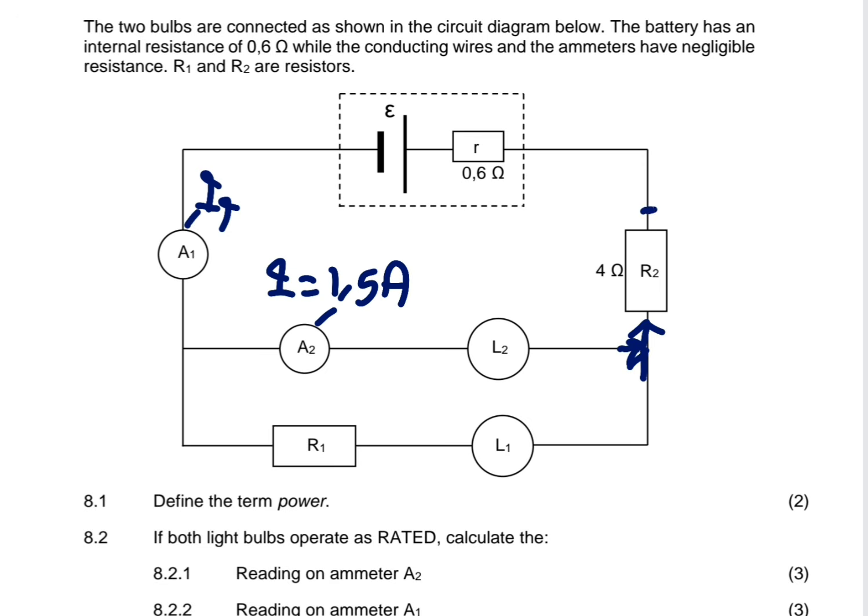So the current flowing into R2 will be the same current flowing out of R2. So the current at R2 will also be the total current. That is why we say L1 and R1 are in parallel with L2, but L2, L1 and R1, all three of them, are in series with R2.